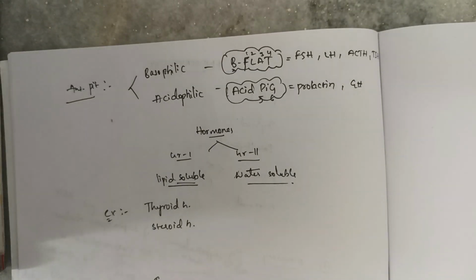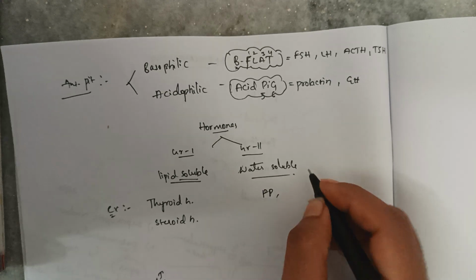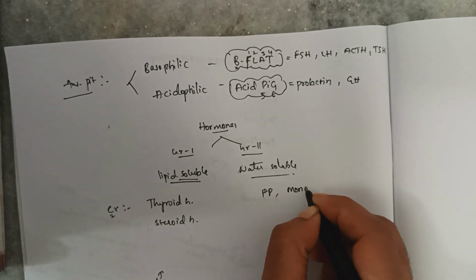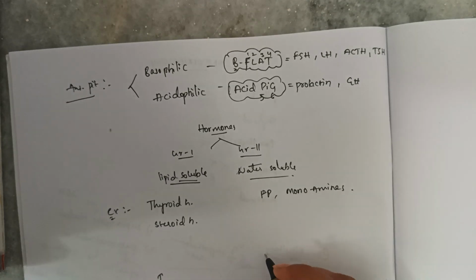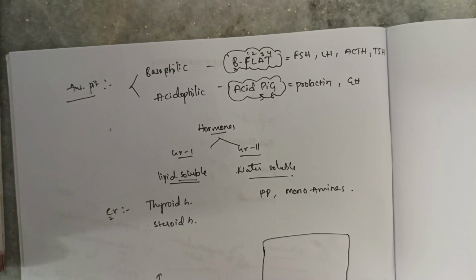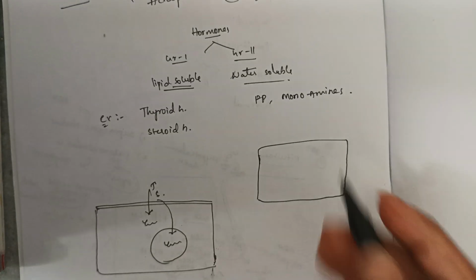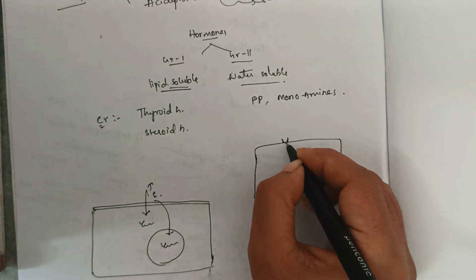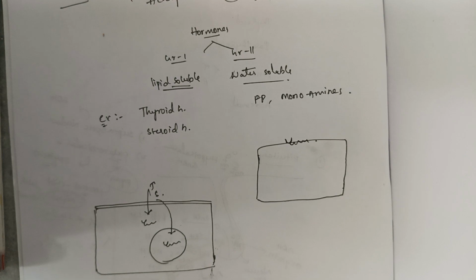Now, coming to the water soluble hormones, all polypeptides and monoamines are water soluble hormones. That means they cannot cross the cell membrane because they're water soluble. So, the receptors for them are present on the cell membrane itself.